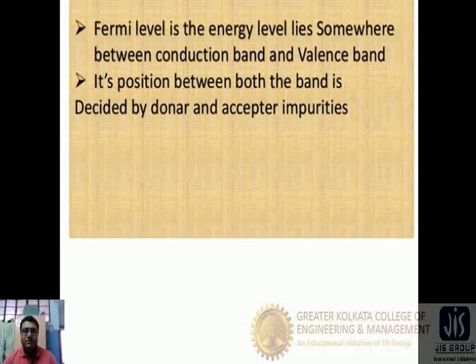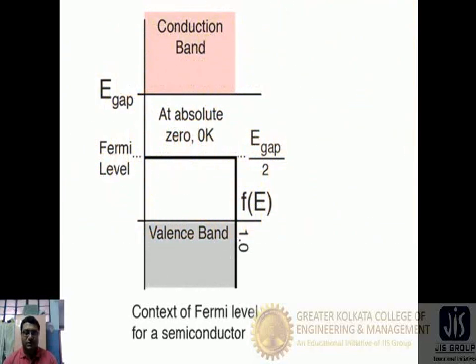The Fermi level is the energy level that lies somewhere between the conduction band and the valence band. Its position between the two bands is decided by the donor and acceptor impurities. The impurities will be discussed in later slides. Here we can see the band diagram.